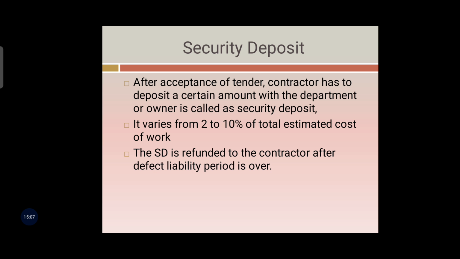It can be converted into an interest bearing security provided the contractor requests the department for the same in writing. Okay, so security deposit is refunded after the defect liability period is over. Okay, this defect liability period we will learn in the next lecture.